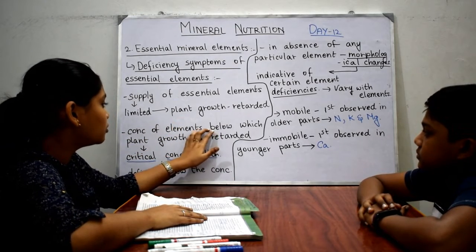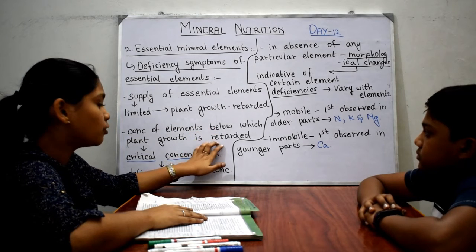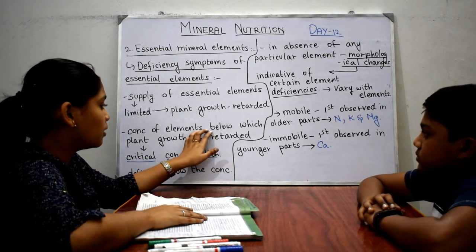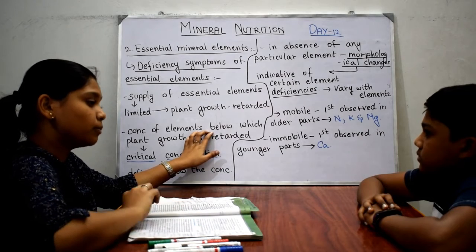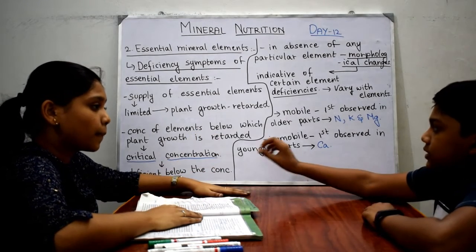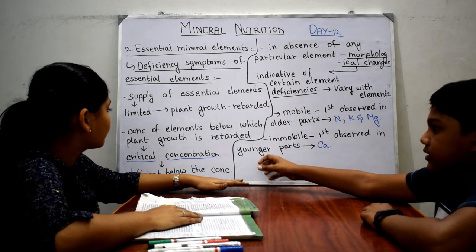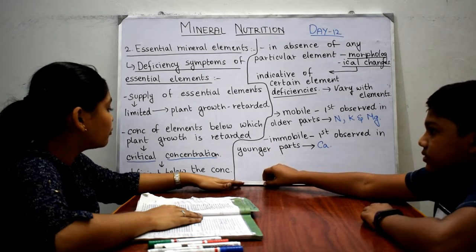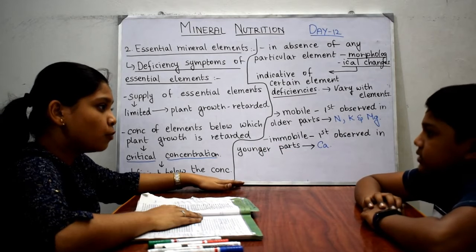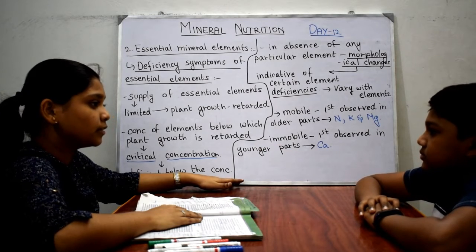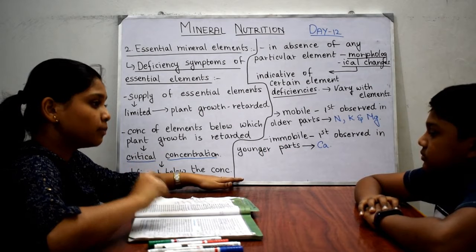So the plant growth depends on the concentration of essential elements, how much is present or not present. The concentration determines the plant growth.